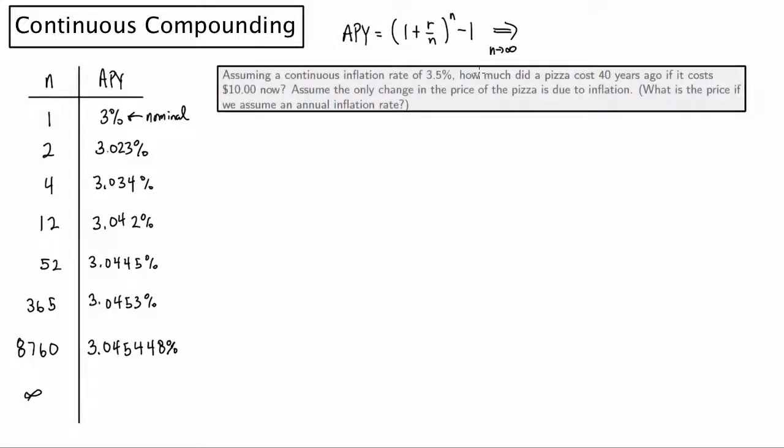This is a little bit of calculus coming into play here. It turns out that the quantity that I have boxed in green here becomes e^r. So we get e^r - 1 is the APY when n is infinity.